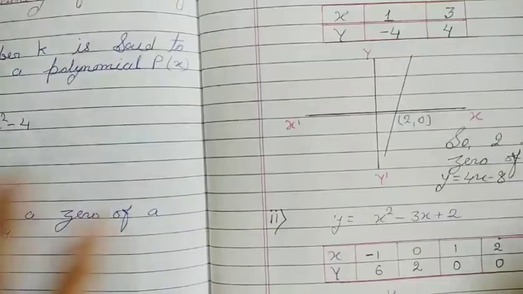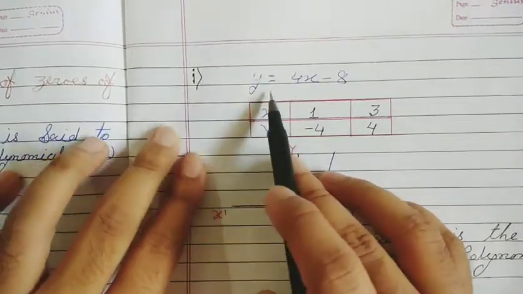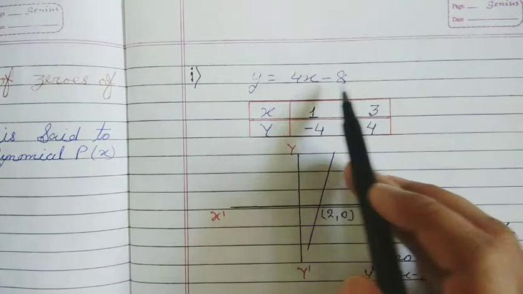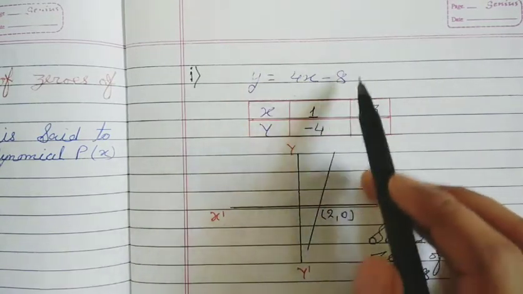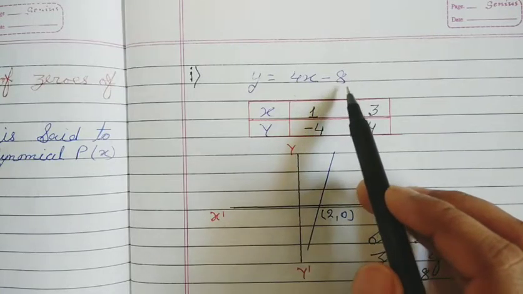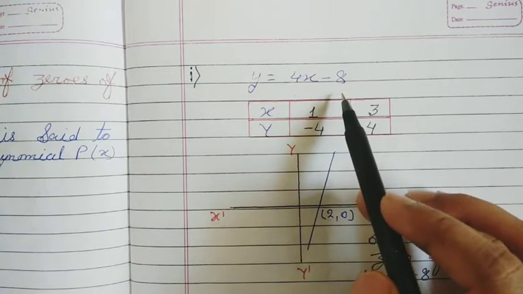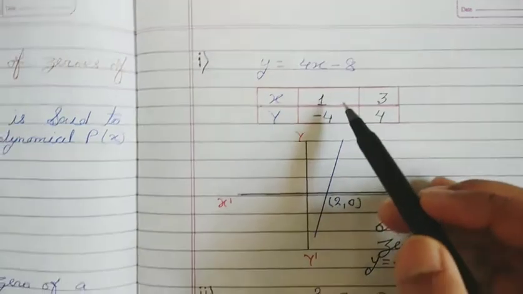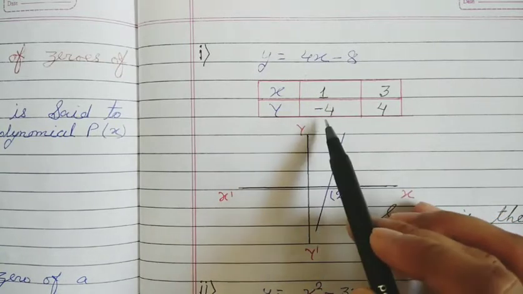Let us take an example. Here I have taken one example. Suppose a polynomial y is equal to 4x minus 8. Suppose we draw it on a graph paper. To draw this polynomial on a graph, we have to take some points. So I took x is equal to 1, then I got y is equal to minus 4.